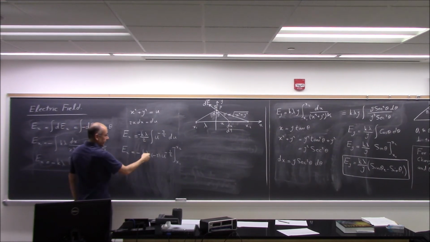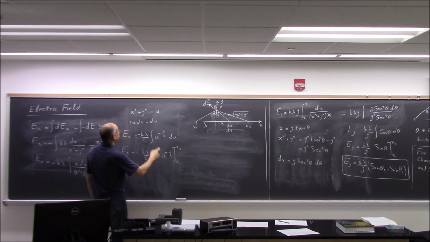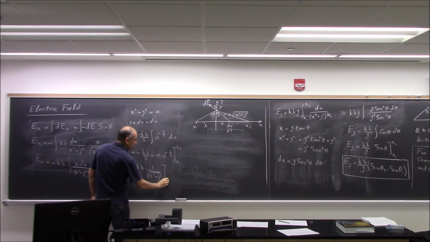And this negative 2 and negative 1/2 cancels out. So Ex will be k lambda u. U is that to the power negative 1/2, so it's 1 over square root of x squared plus y squared, evaluated between x1 and x2.